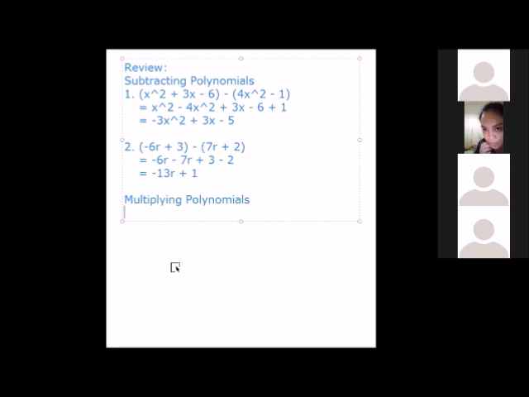And I believe you all had these lessons, or it's going to be easy anyway. In multiplying polynomials, we actually use the distributive property.